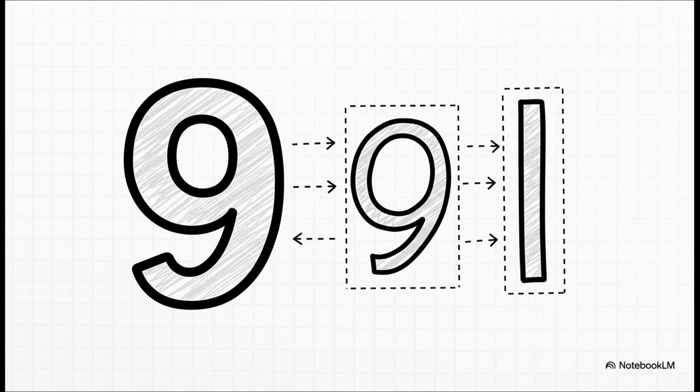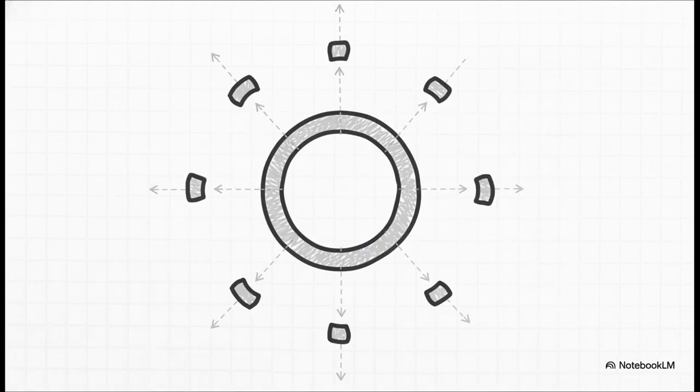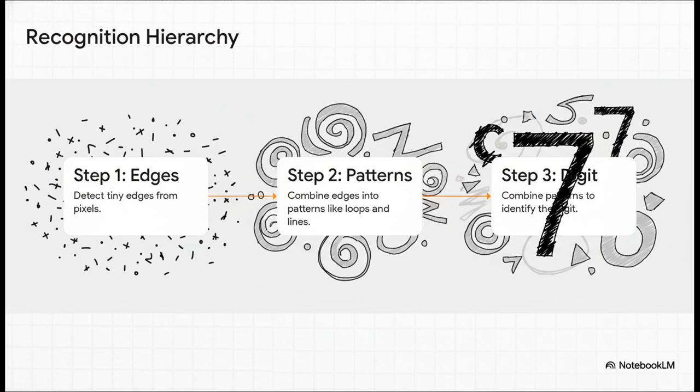So, in a perfect world, our neural network would figure this out too. Maybe some neurons in one of the hidden layers would become little loop detectors. But wait, we can go even deeper. Think about it. How do you even recognize that loop? Well, your brain recognizes that it's made of even smaller pieces, a bunch of short, curved edges all pieced together in the right way. And that right there is the whole genius of a layered network.